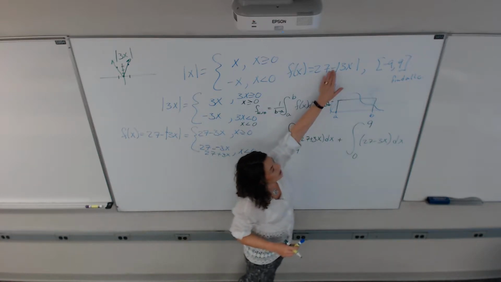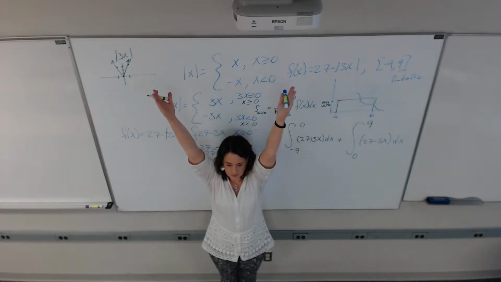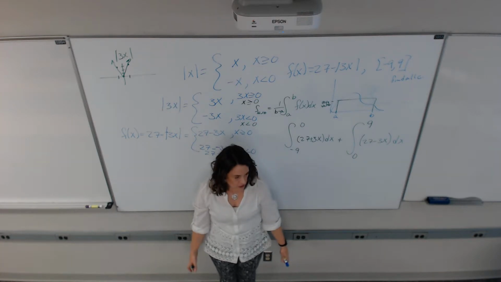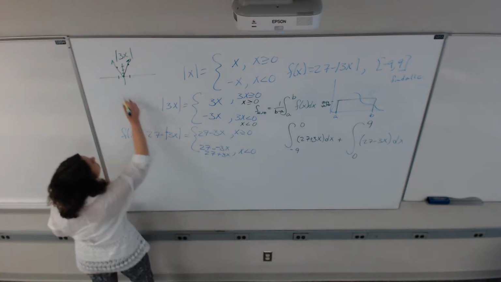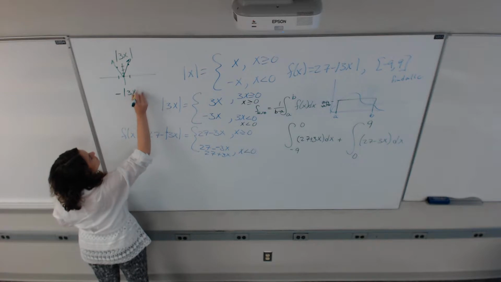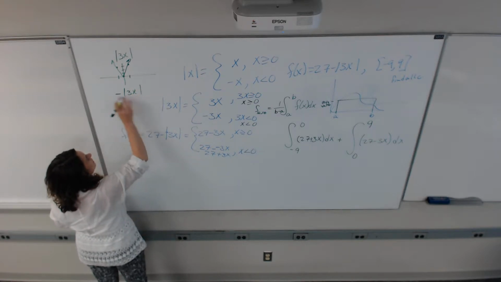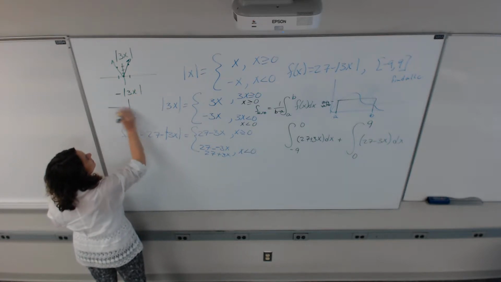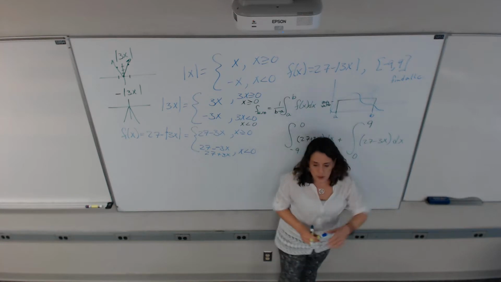What does multiplying it by the negative do to it? You just reflected it across the x-axis, so now I've got absolute value of 3x times a negative 1. That's going to flip it upside down, but it maintains the same shape. And then what does adding 27 do to it?